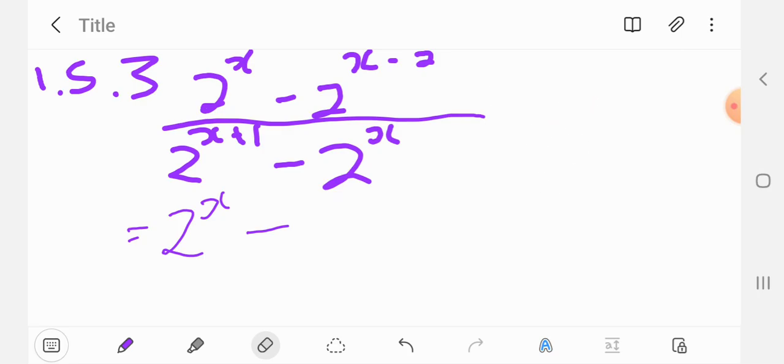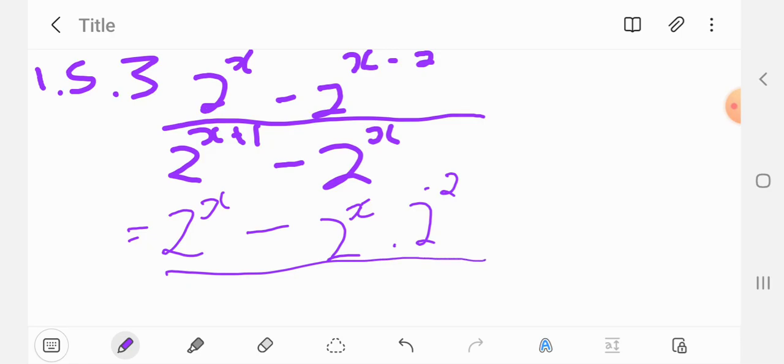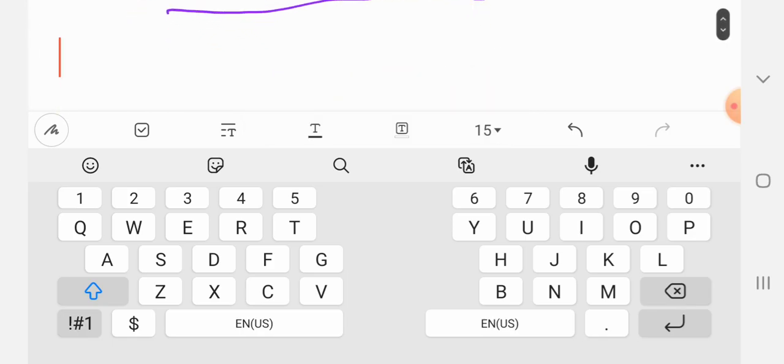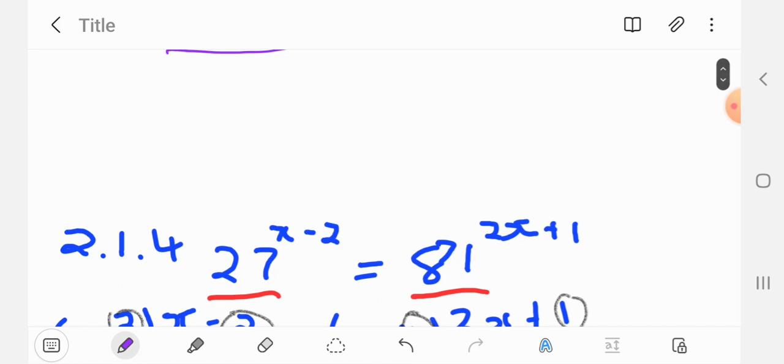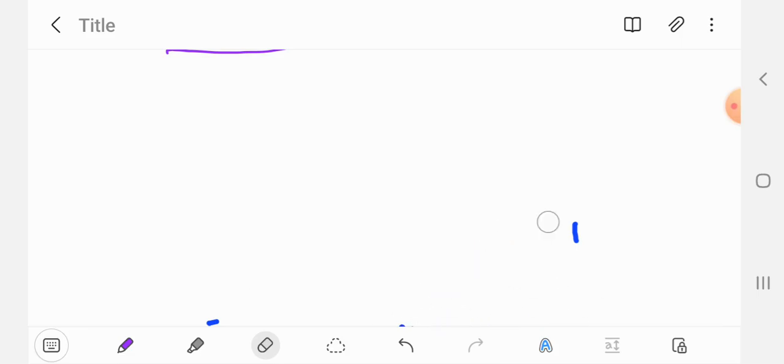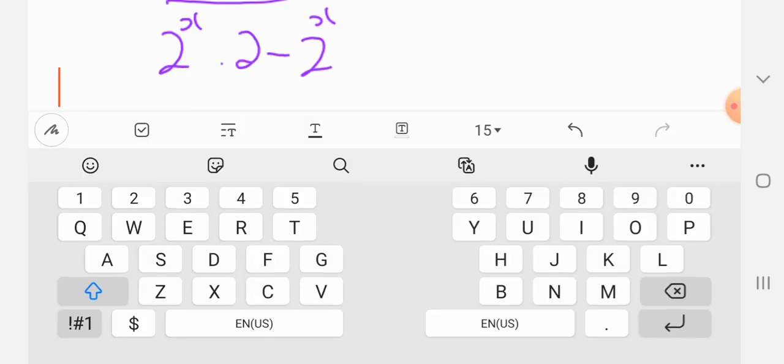So that will be, we'll write them as 2 to the power of x, 2 to the power of -2, just like that, and then that will be over 2 to the power of x times 2 minus 2 to the power of x.